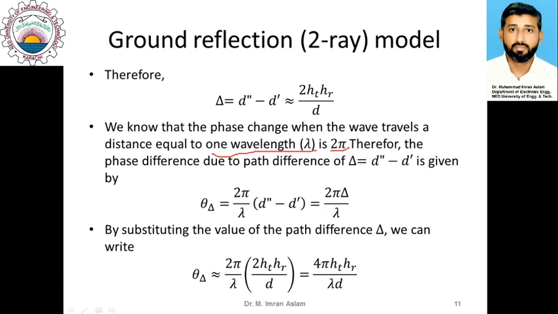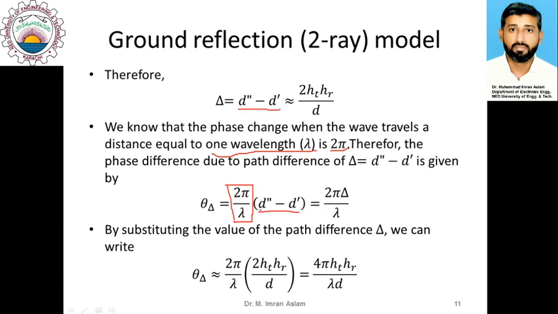So one wavelength is equivalent to 2 pi. So the phase difference is related to distance because this is the normalization factor, that one wavelength corresponds to 2 pi difference, and if any other distance is covered, like for this case the phase difference would occur because of the difference of distances d double prime and d prime.